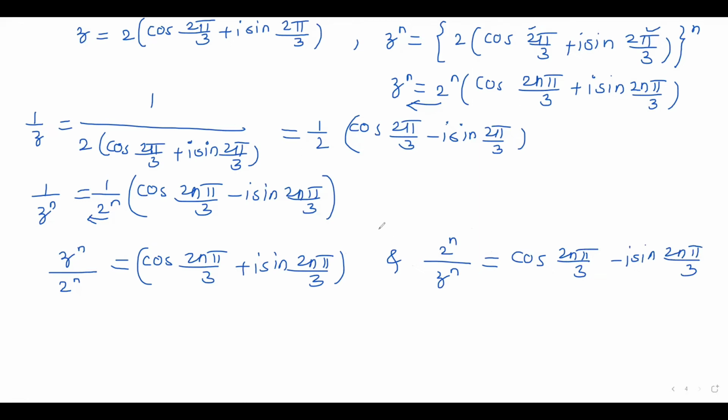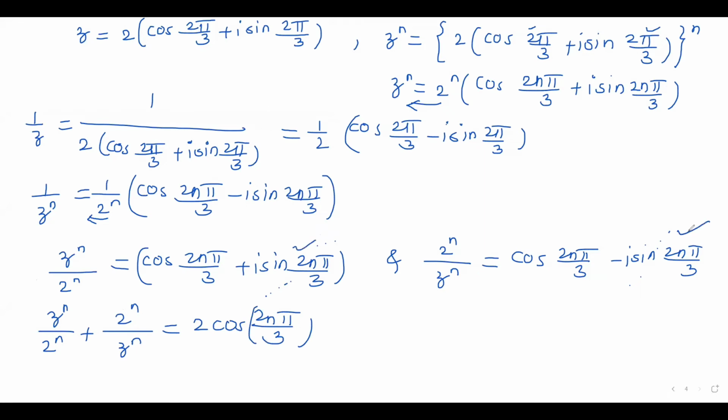Now adding these two, as you can see, these two terms will get cancelled. So we have z raised to n upon 2 raised to n plus 2 raised to n upon z raised to n will become 2 cos of 2n pi by 3, as this term and this term will get cancelled, right?